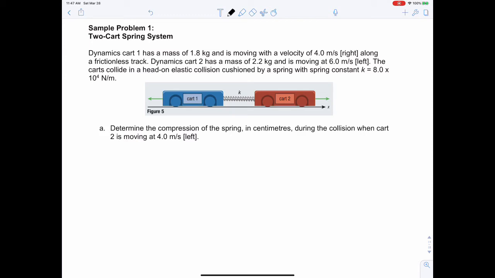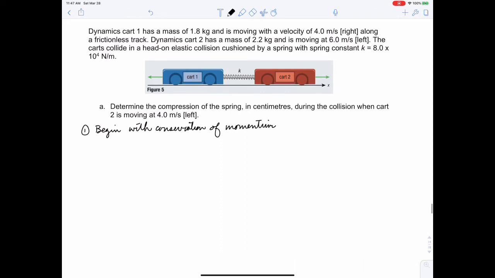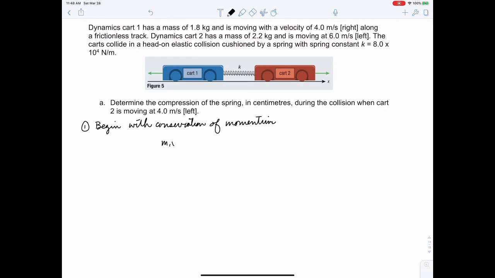In order to solve this, we're going to be combining the law of conservation of momentum for these two moving carts and substitute the values found into the conservation of mechanical energy. So for part 1, let's begin with the conservation of momentum. M1 V1 initial plus M2 V2 initial is equal to M1 V1 final plus M2 V2 final.